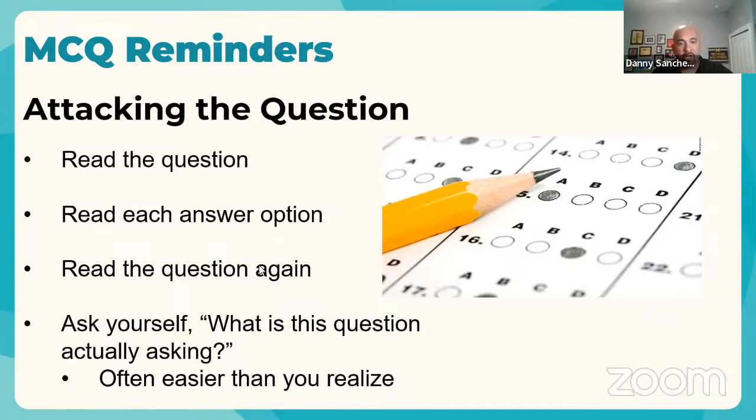Read the question, read each answer option, read the question again, and then ask yourself, what is this question actually asking? Sometimes it's something very simplistic and obvious, and you don't even realize that that's what they're going for, particularly on some of the questions that might have a map or a chart or a picture attached.